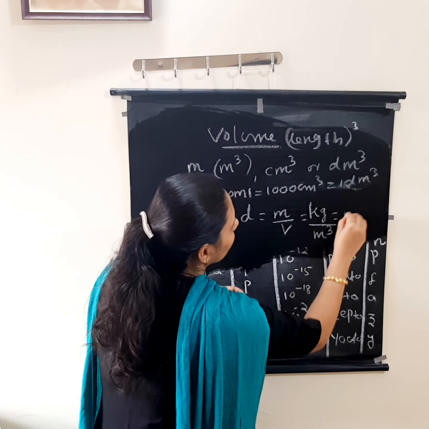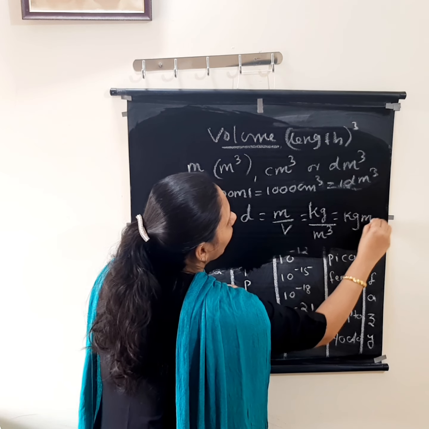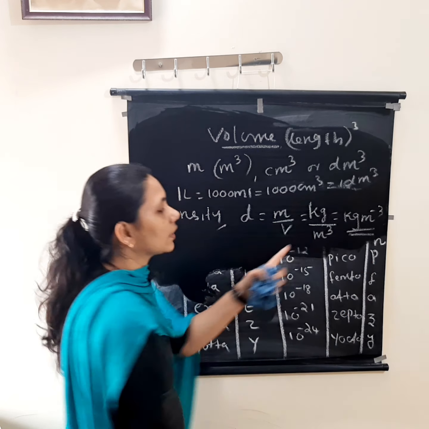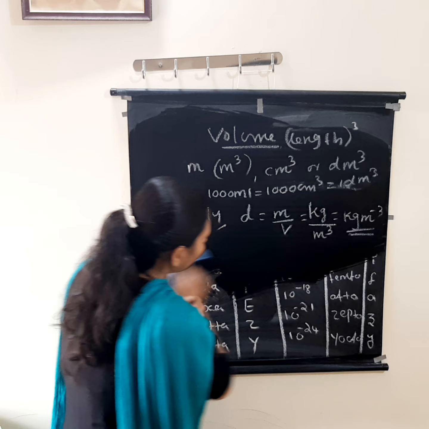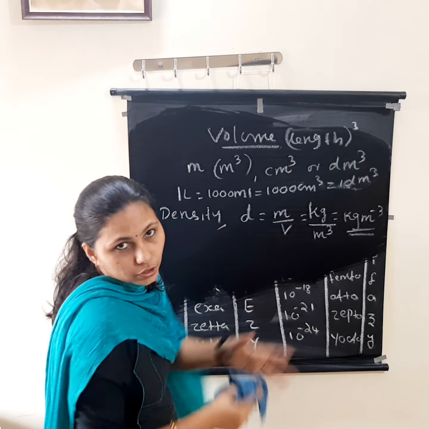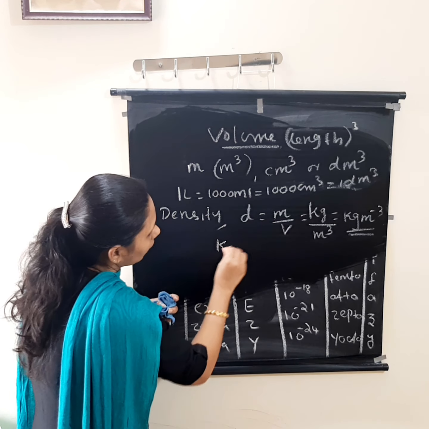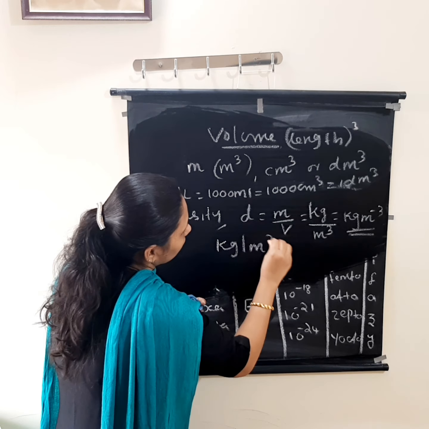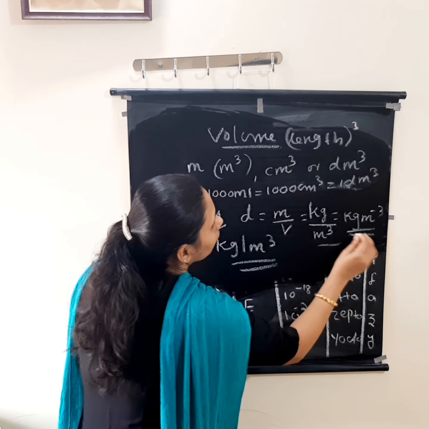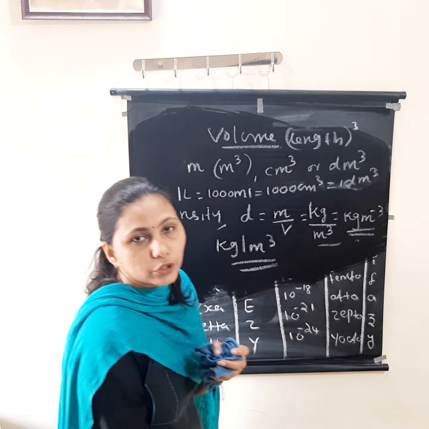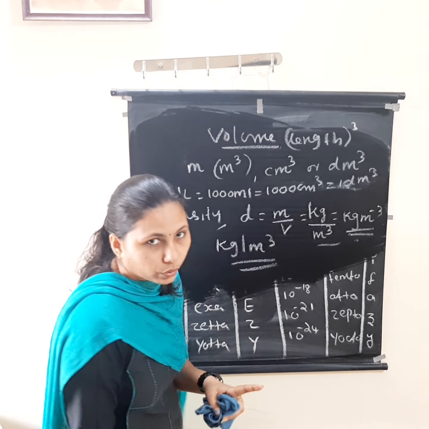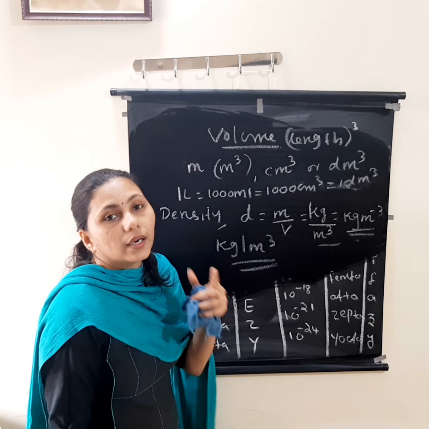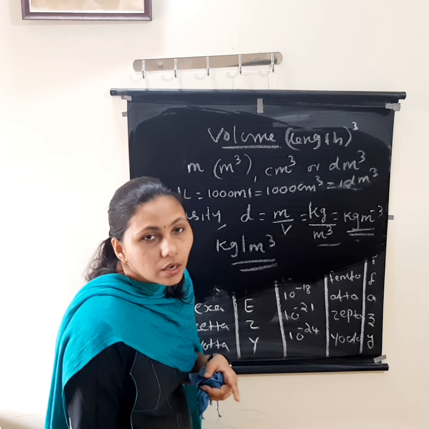I can write it as kg m raised to -3. If you write kilogram per meter cube, also not a problem. Any one you can write for the SI unit of density. Density equals mass by volume, so the SI unit for density is kilogram per meter cube.